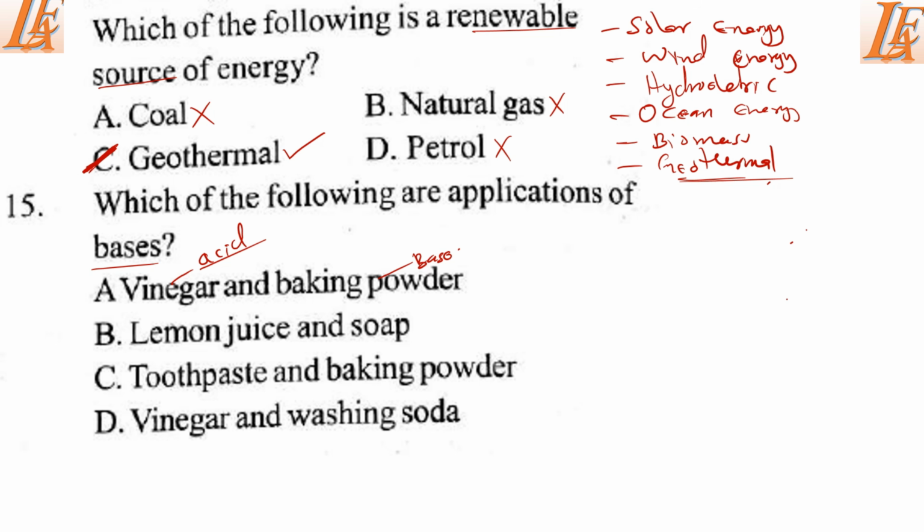So it's wrong. B, lemon juice. This is an acid, or is acidic. Then soap. This is basic, or this is a base. So also this set is not purely for bases. C, toothpaste. This one is basic. And then baking powder, this one is also basic, so this set is correct.